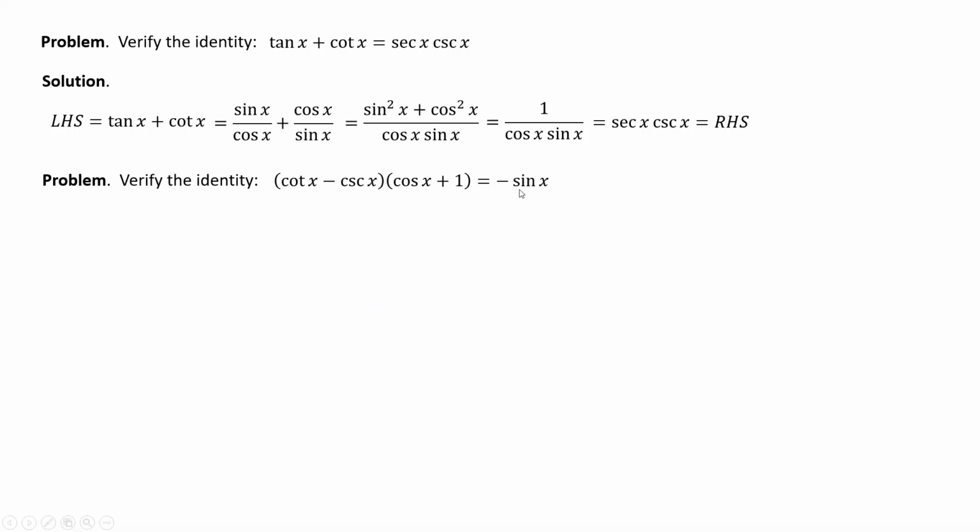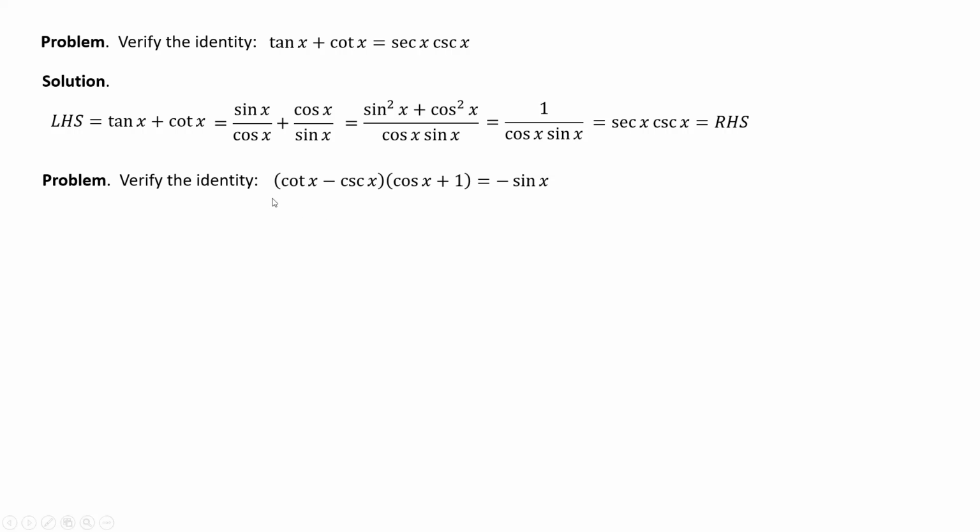Does it make sense to pick up the right hand side and somehow show that is equal to the left hand side? Sine x, all we have is negative sine x. What can you do with it? I don't know. You can do a whole bunch of things, but especially with the focus being on showing that to be this, I think that was much harder.